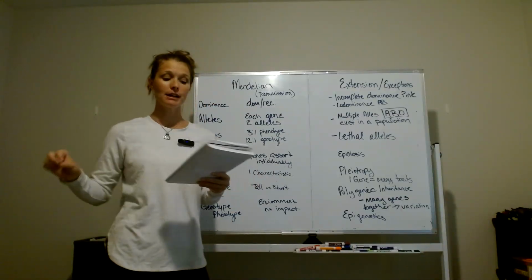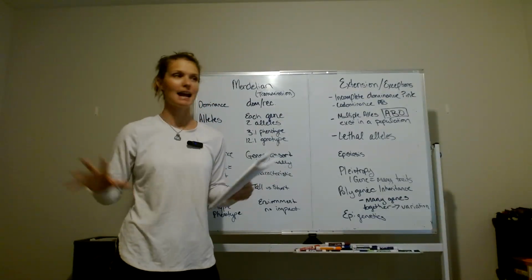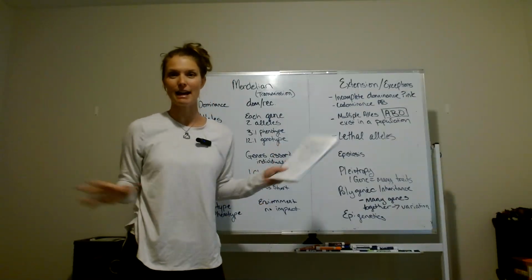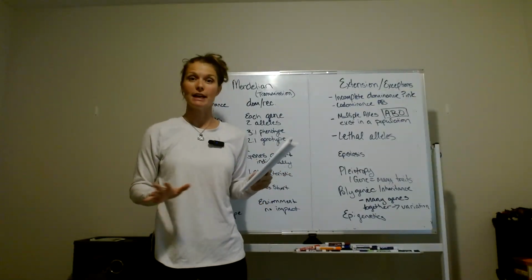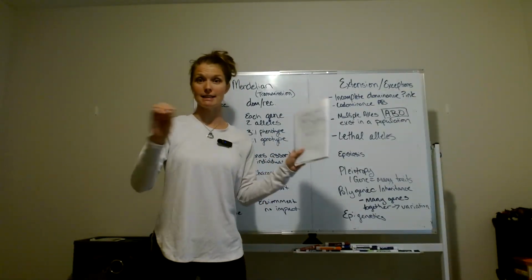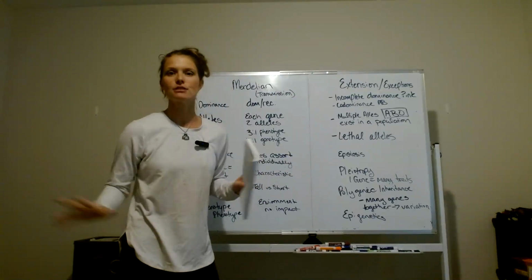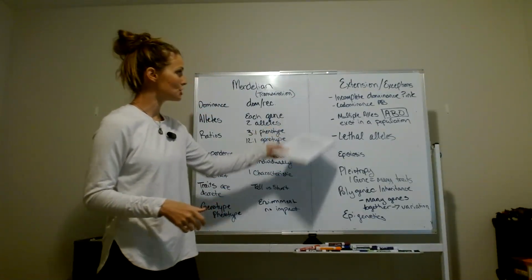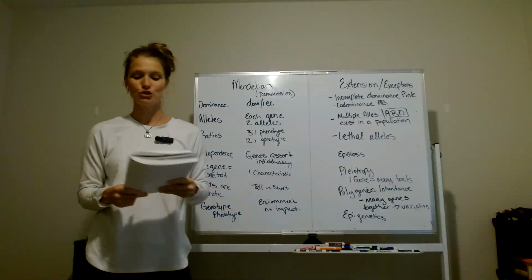We talked about pedigree analysis, which is family trees and how traits pass down the line. So we're looking at it like the game of Clue, like who gave what trait, did it skip? And then we looked at the extensions and the exceptions to the rules.